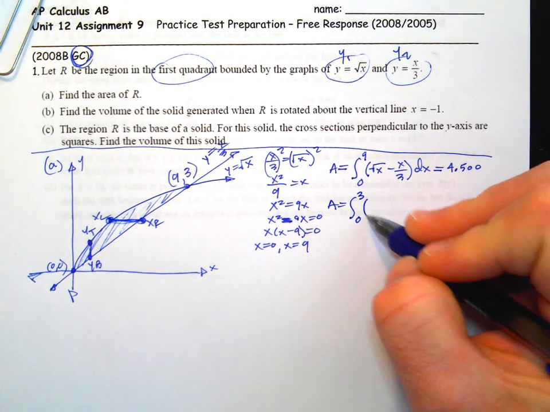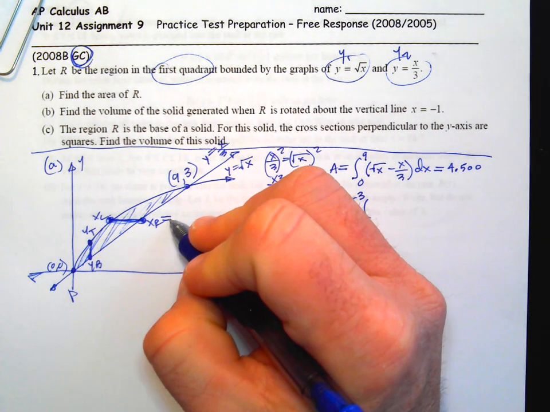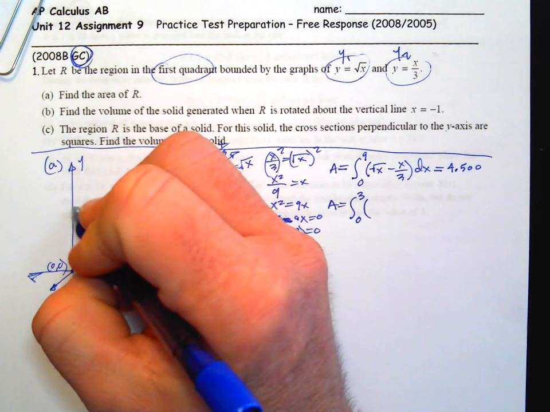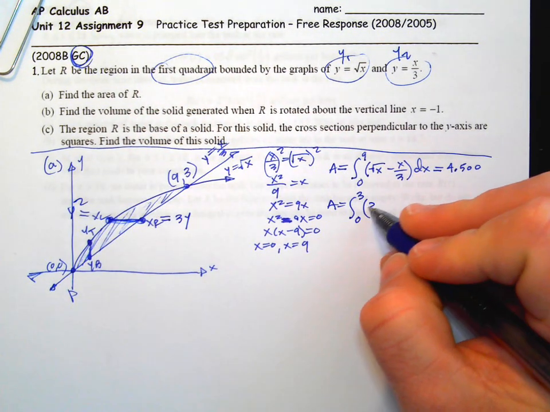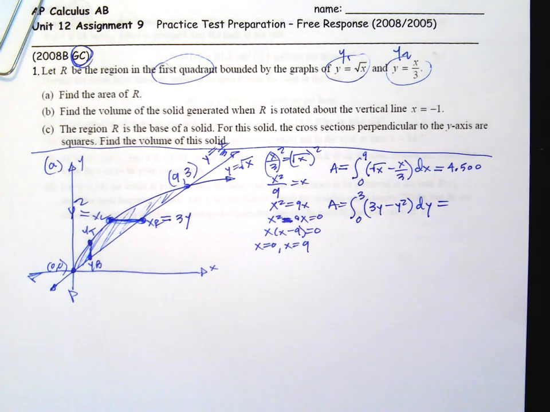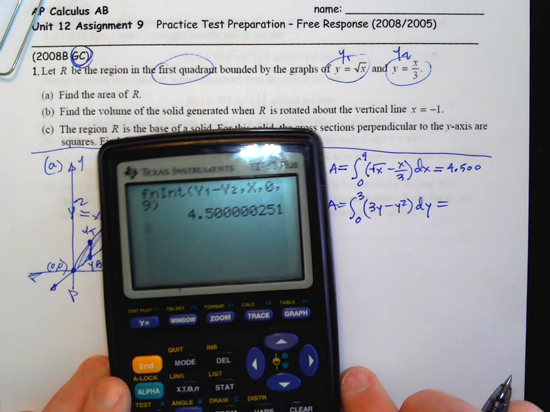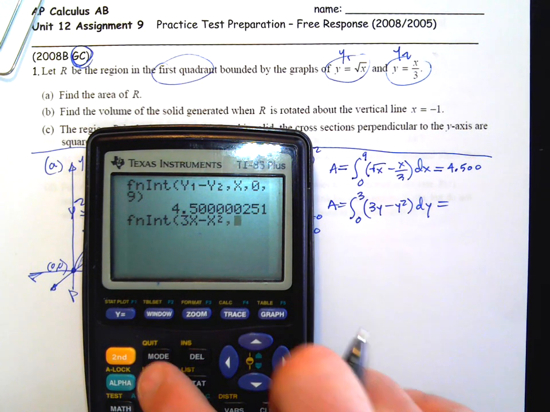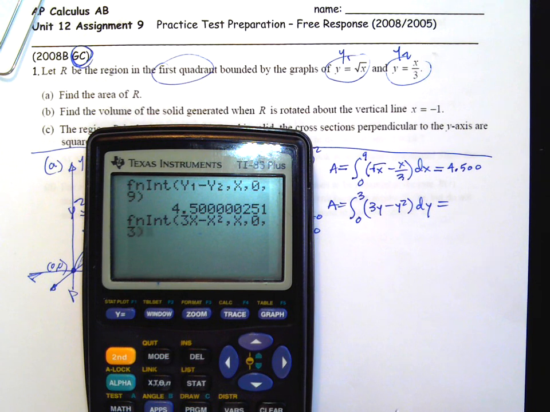And it's going to be x right. Now, x right is the line, which would be 3y. x left is the square root, so that's going to be y squared. So it's going to be 3y minus y squared dy. So not that hard to set up. Let's try it. Math 9, 3x minus x squared, comma x, comma 0, comma 3.